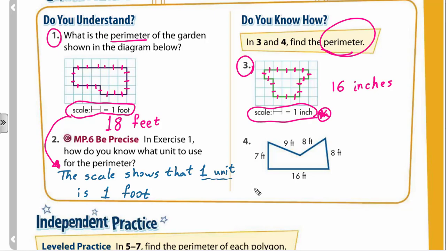Tell me what to write. 16 plus. I started from here, so move. The next is 7 plus. The next is 9 plus. Okay, now we took all of them, we write all the numbers, and we can add now.